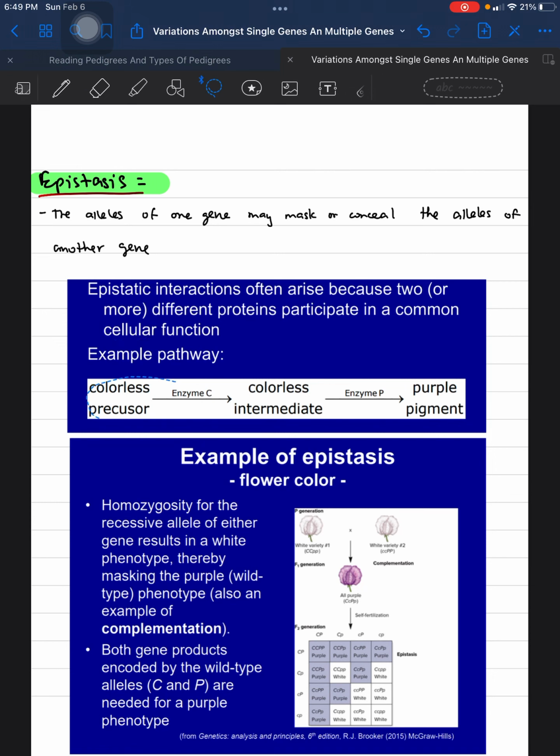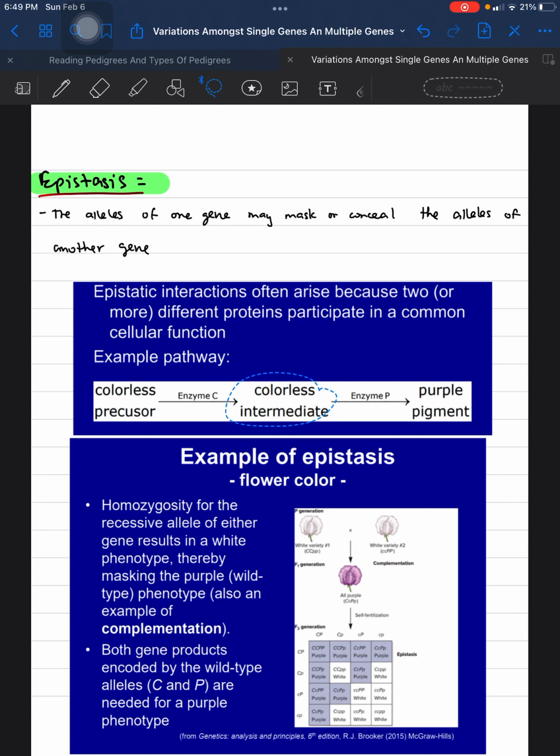So in this example, a colorless precursor via enzyme C creates this intermediate, and this intermediate can be changed into this purple pigment via this enzyme P. So there's obviously 2 different genes right here, and this gene right here masked this intermediate, right?